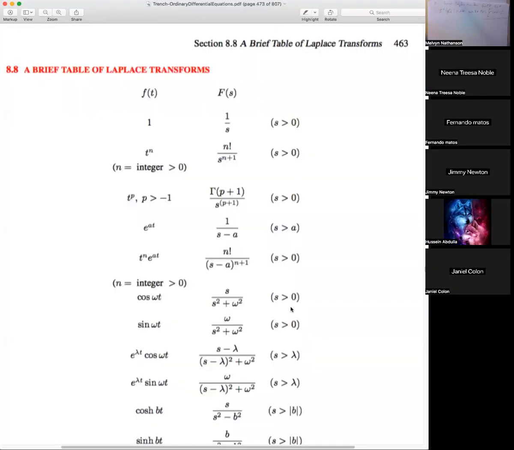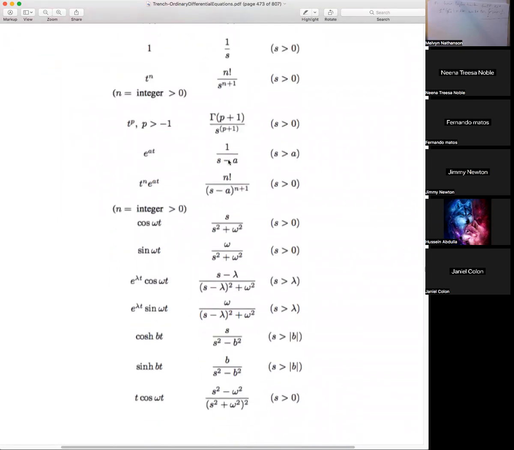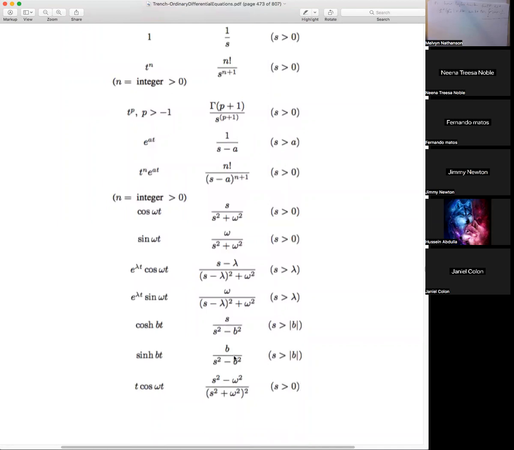And the quickest way to do this is to look at the table of Laplace transforms. 1 over s squared minus 1. Do we see anything like that on this right-hand column? 1 over s minus 1. Let's see, no. Here, we have b over s squared minus b squared.